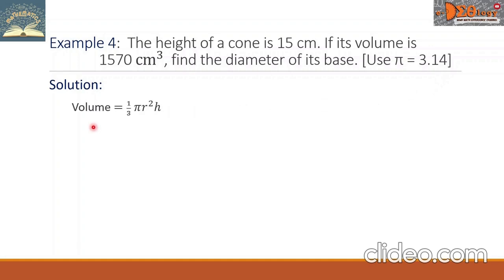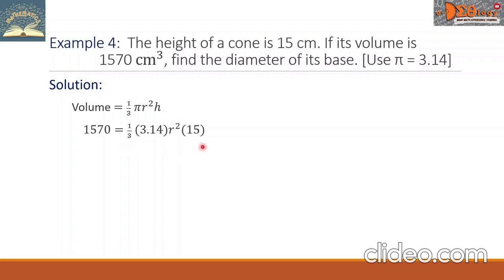We write the formula for the volume, then we substitute corresponding values. Given the volume as 1,570 equals 1/3 of pi, we write 3.14. We can get here the r squared, then later we will get the radius. So we copy here r squared, and the h or the height of the cone is 15 centimeters.